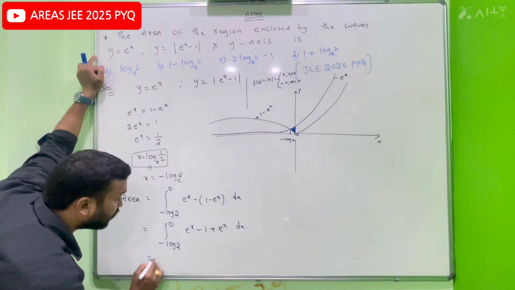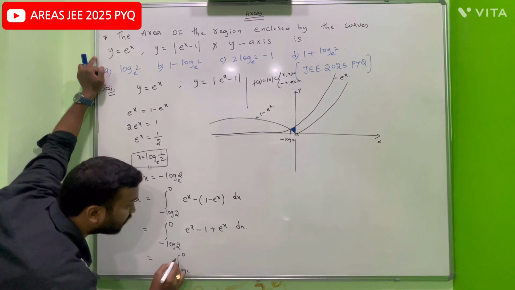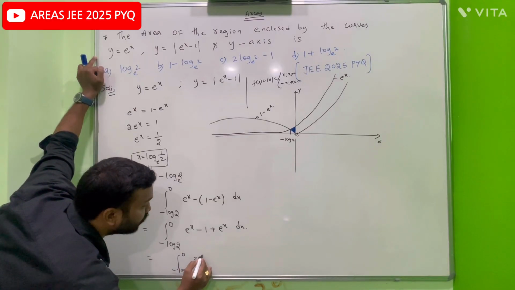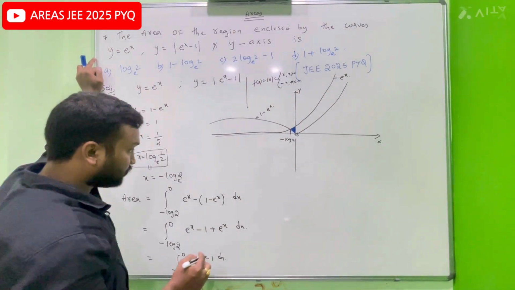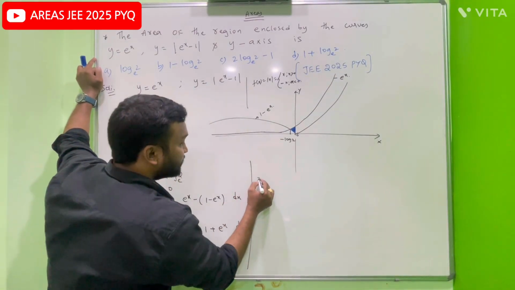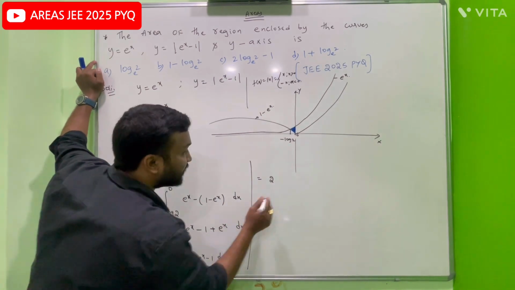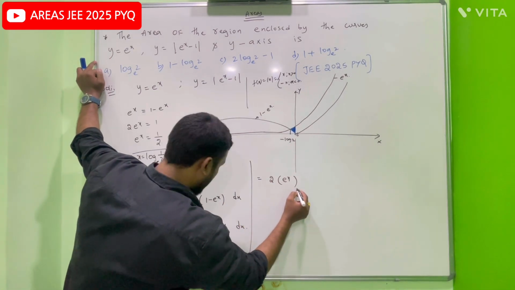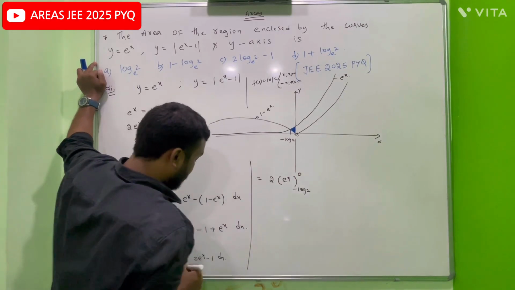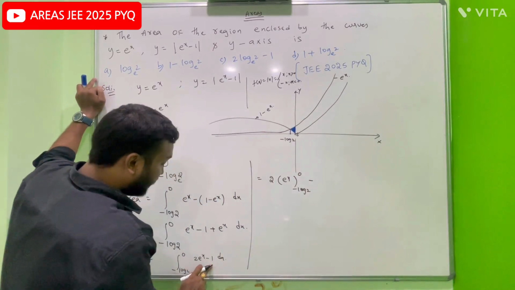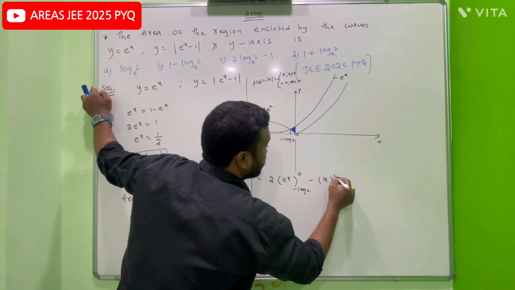That equals the integration from minus log 2 to 0 of (e power x plus e power x minus 1) dx, which is 2 times the integration of e power x, with lower limit minus log 2 and upper limit 0, minus the integration of 1, which is x, from minus log 2 to 0.